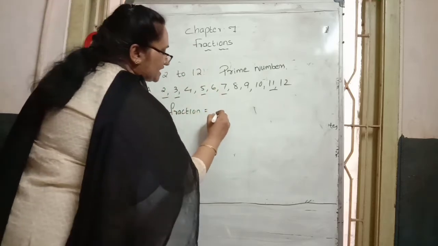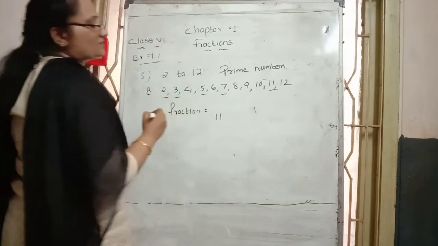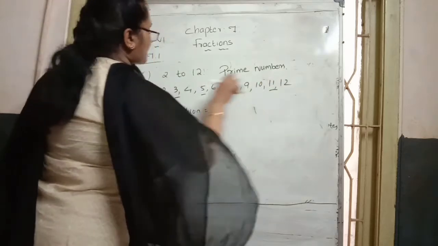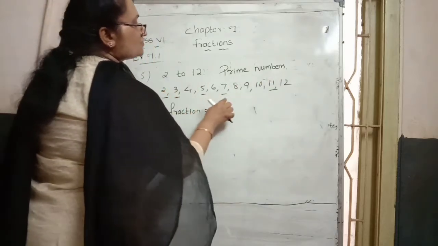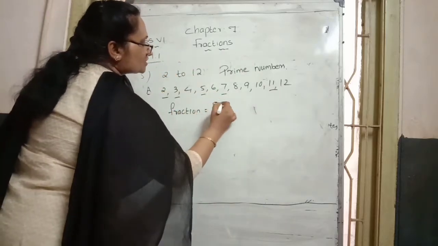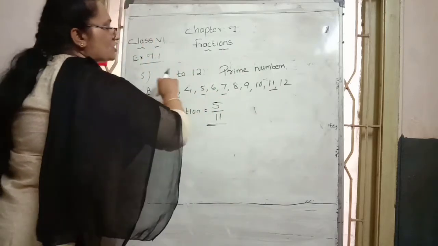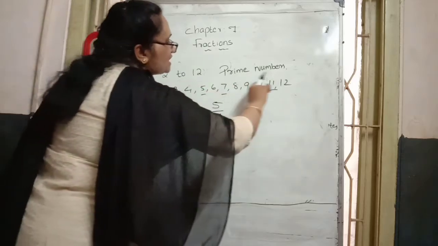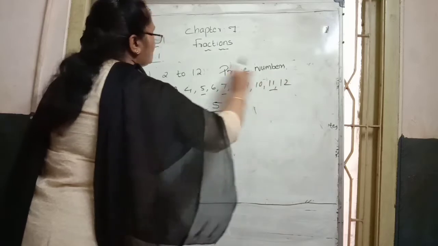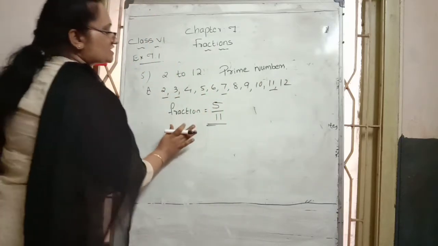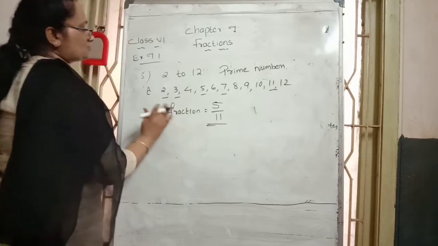The total numbers we write on the denominator, and how many are prime? 1, 2, 3, 4, 5 numbers are prime numbers. So 5 we write on the numerator. That is the meaning of this fifth question.